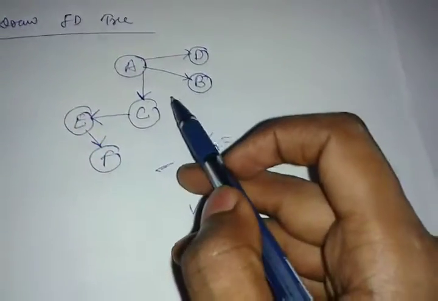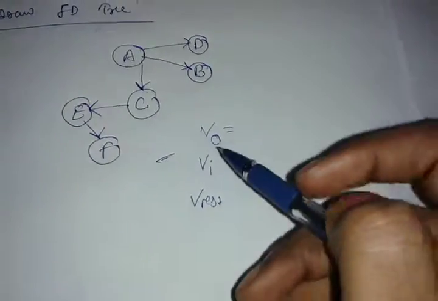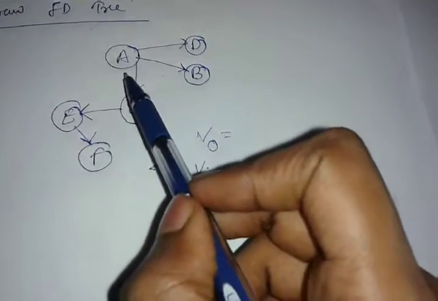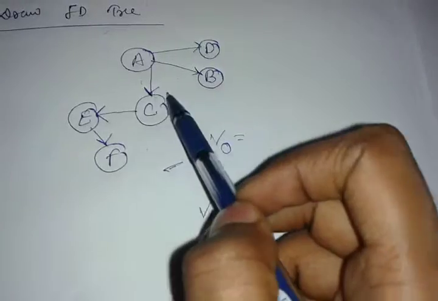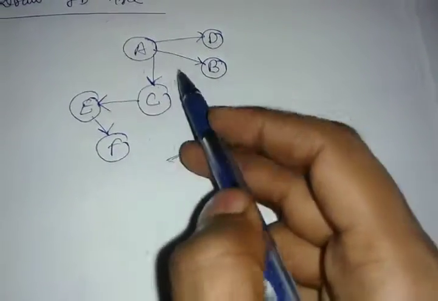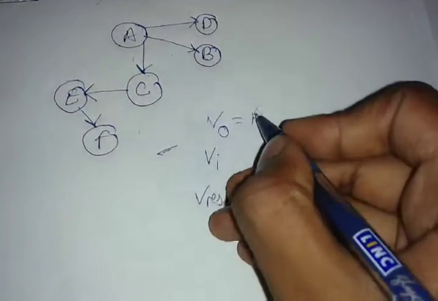There will be no incoming arrows, only outgoing arrows. Fine. So if we see in this graph, we have only A, because all the 3 arrows of A are going outside and no arrows are coming into this node. Fine. So we can write here outside A.